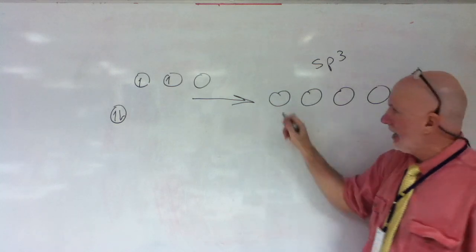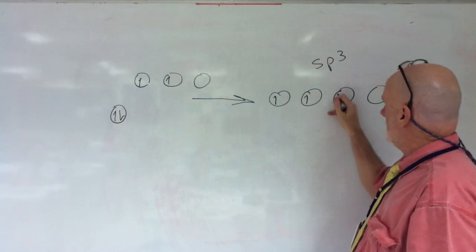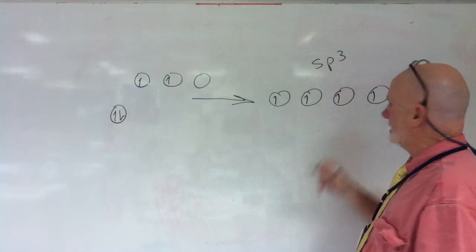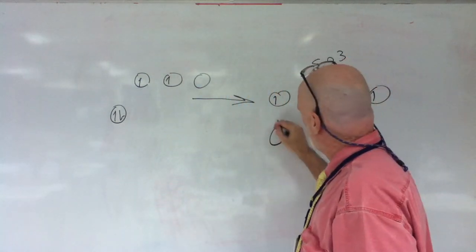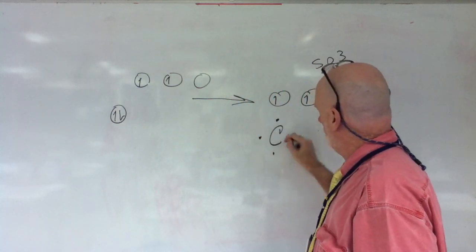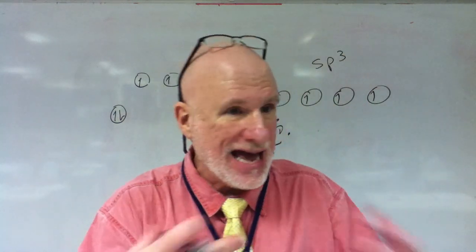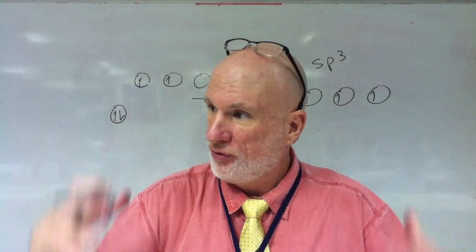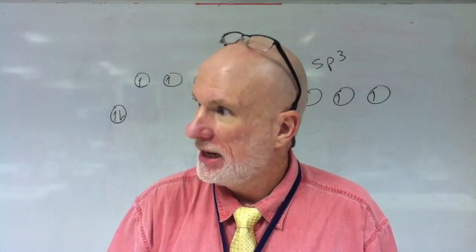Correct? So now I have an electron like this, like this, like this, and like this. Now I have 4 separate bonding sites. Here's carbon, bonding sites 1 through 4, all at the same energy level. So now I can form 4 separate bonds. Do you get it?